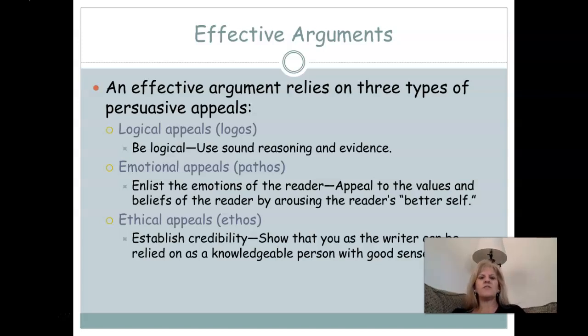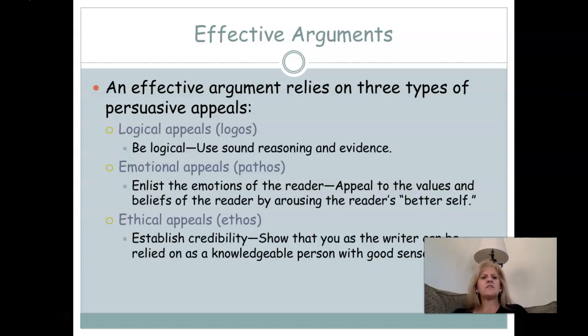And then you're going to have emotional appeals. Remember, you don't want to manipulate your reader with emotion, but you do want to include some emotion into it. Appeal to the values and the beliefs of the reader by arousing the reader's better self. So make them realize that your side is maybe more ethically better than the other side.